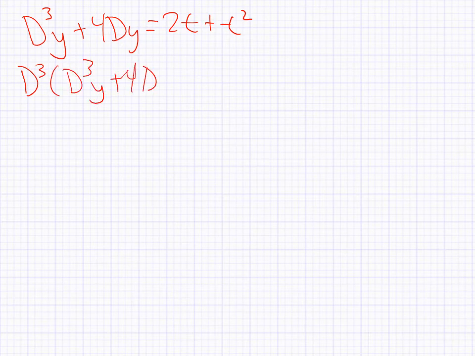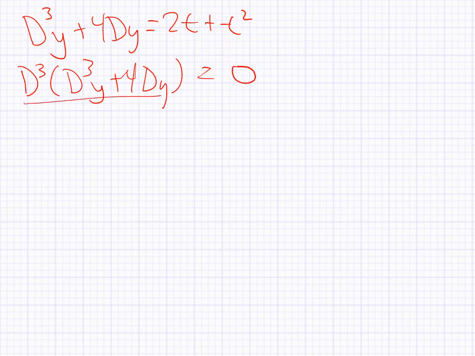Okay, so we have the equation D cubed y, third derivative of y, plus 4 times the derivative of y equals 2t plus t squared. So I'm going to annihilate that. I'm going to annihilate it by a D to the third derivative, operated on what's already here, annihilates the right-hand side.